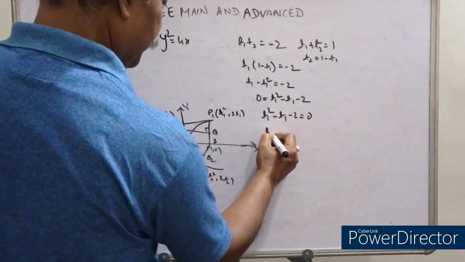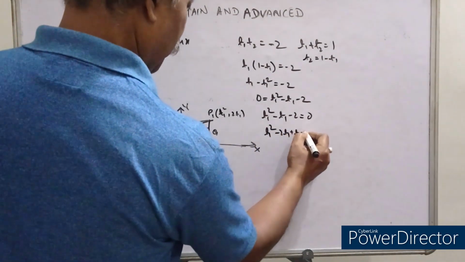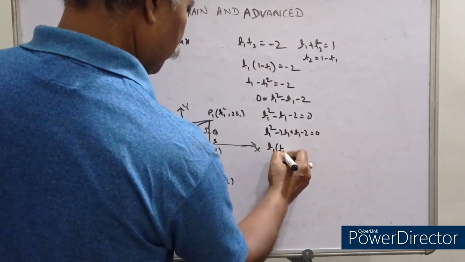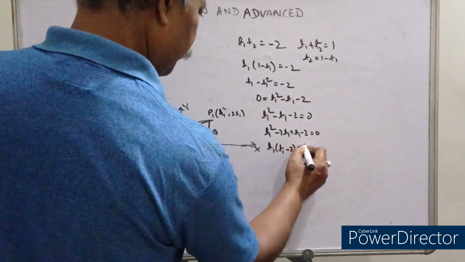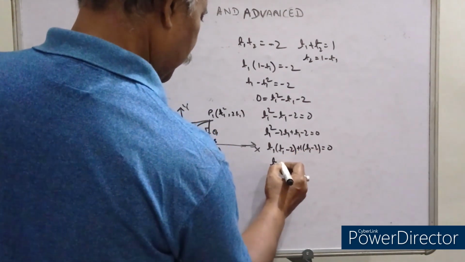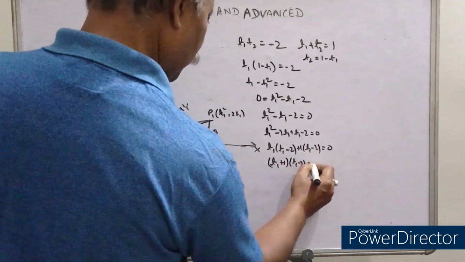So this will be t1 square minus 2t1 plus t1 minus 2 is equal to 0. So t1(t1 minus 2) plus 1(t1 minus 2) is equal to 0. So (t1 plus 1)(t1 minus 2) is equal to 0.